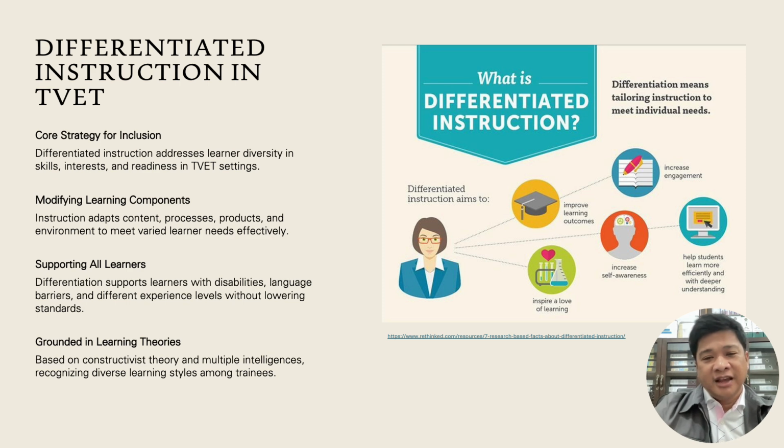In TVET settings, differentiation may include providing varied task complexity in workshop activities, allowing learners to progress at different paces, or offering multiple ways to demonstrate competency, such as practical demonstrations, oral explanations, or visual presentations.